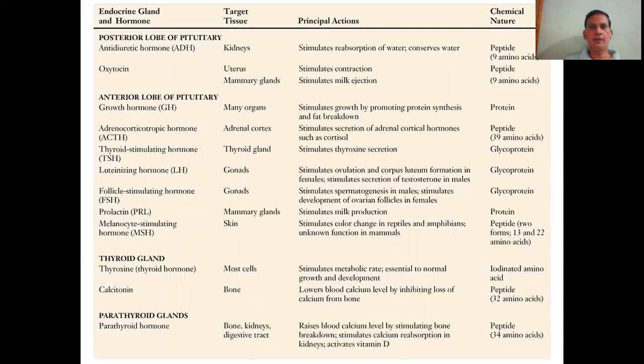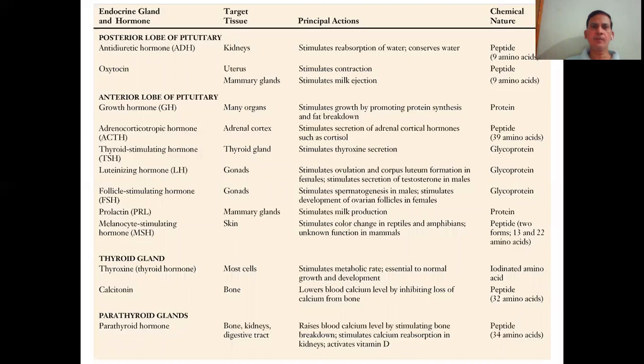So let's have a look at some of the chemical regulators or some of the hormones. The posterior lobe of the pituitary secretes antidiuretic hormone. In short, we call it ADH. The target tissue is kidney. So it stimulates the reabsorption of water, or it conserves water.